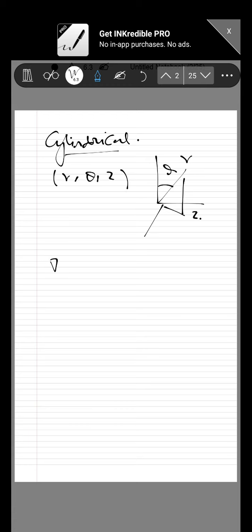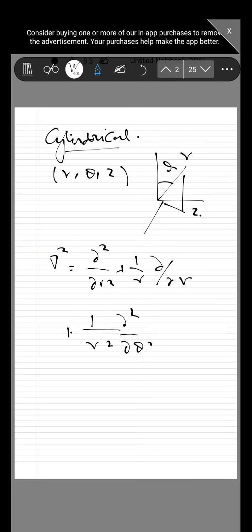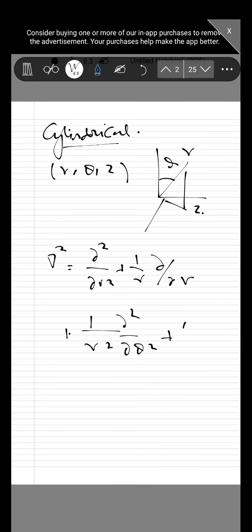So here del square is equal to del square by del r square for the radial part plus 1 by r del by del r, this is the radial part, plus 1 by r square del square by del theta square plus del square by del z square. This is how to represent the Laplacian in cylindrical coordinates.